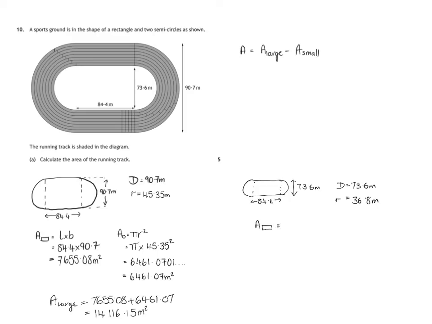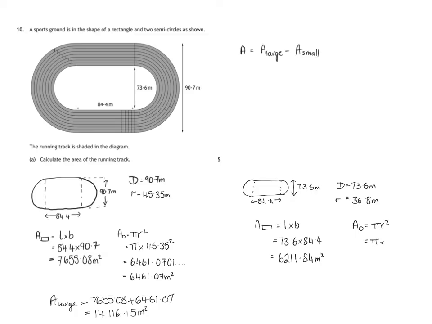So again, we're finding the area of the rectangle. This time it is still length times breadth, which is 73.6 times by 84.4. Which is 6,211.84 square meters. For our circle still, it's two semicircles, and two semicircles make a whole circle. So it's pi r squared.